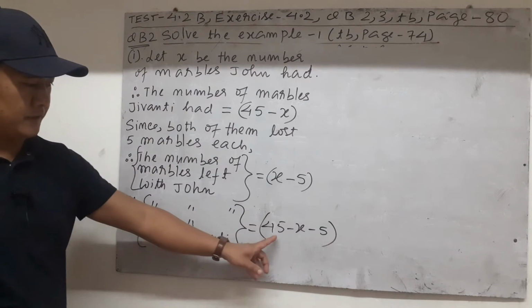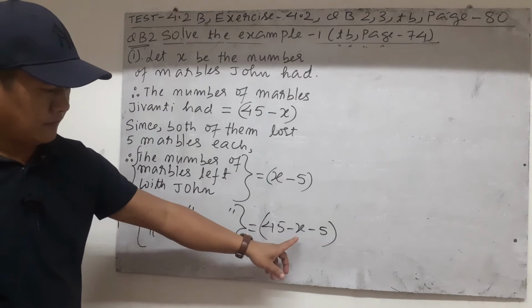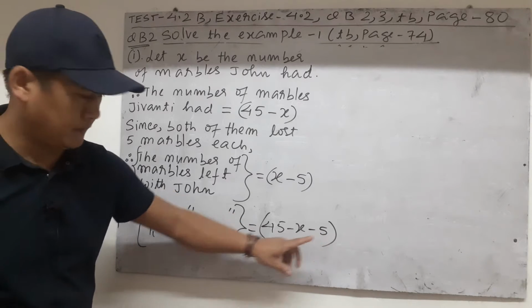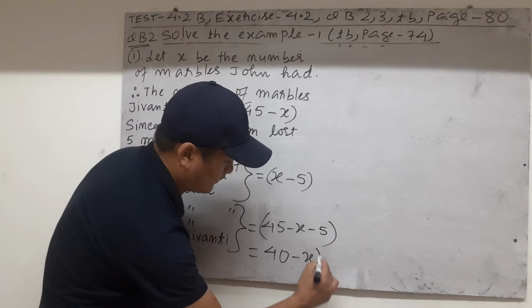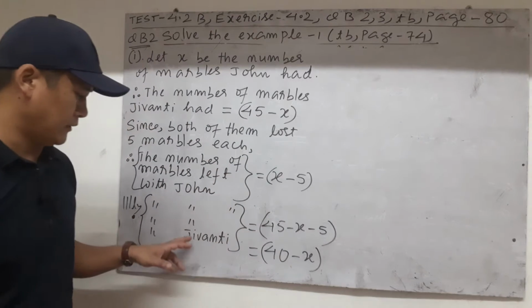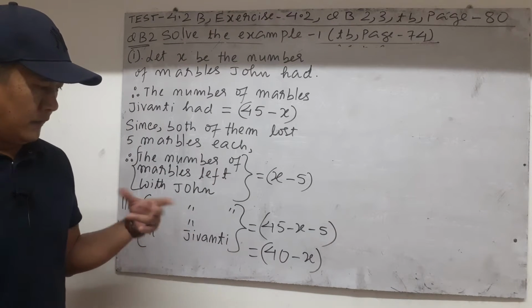So it will be 45 minus 5 is 40, minus X, so 40 minus X is what Giovanni will have after he lost 5.